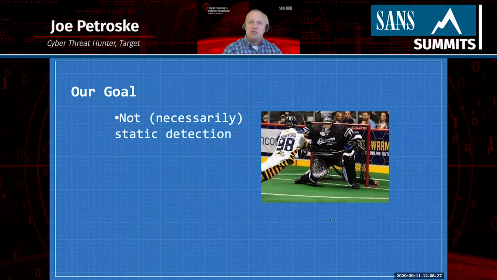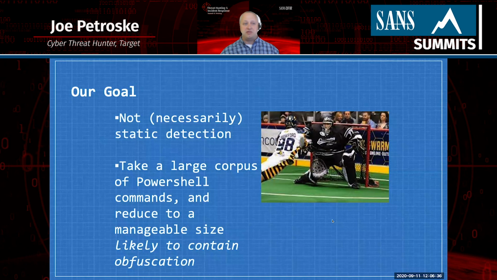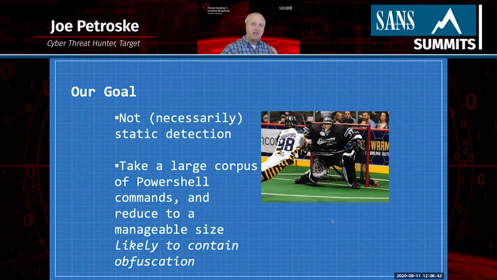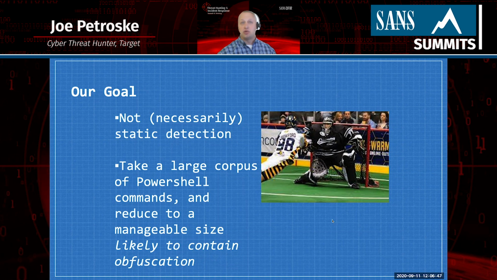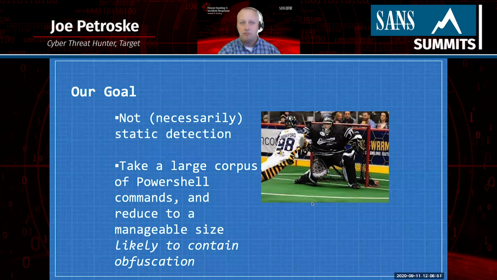So there's not really going to be a way to detect all that, or to get detection for the results of these commands. Instead, what we want to do is figure out all the PowerShell that's being run at scale across your enterprise, and then boil that down into something where you can say, okay, if there are obfuscated evil things, they're most likely to be in this manageable subset. So that's what we're trying to do. This is a big data set reduction exercise.